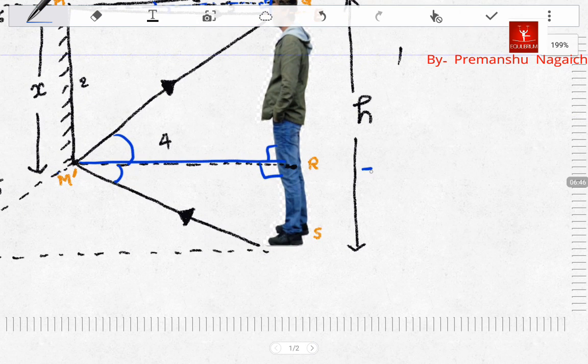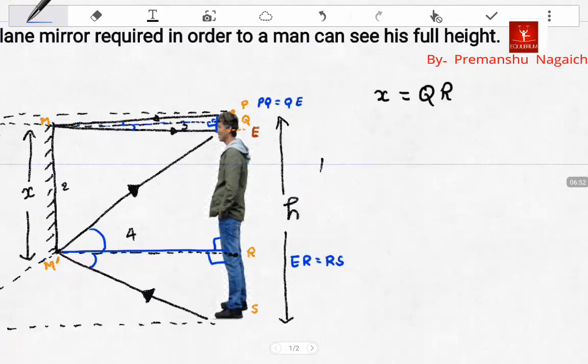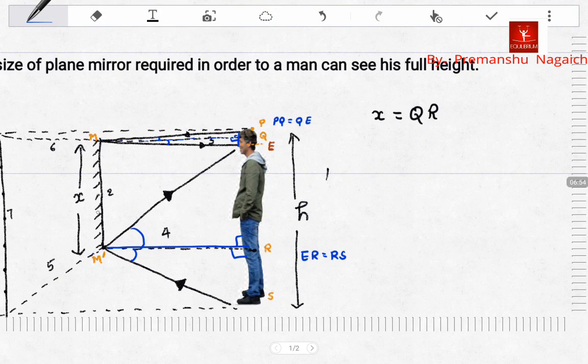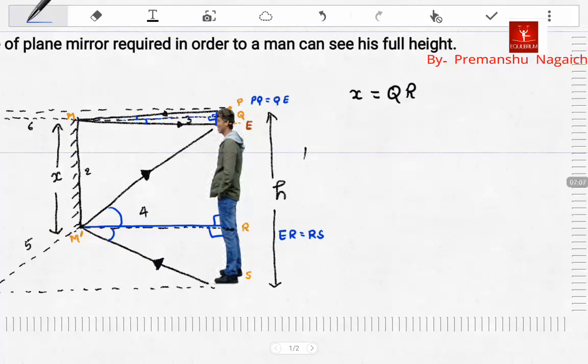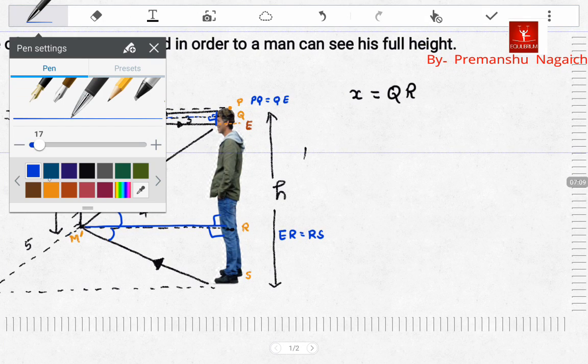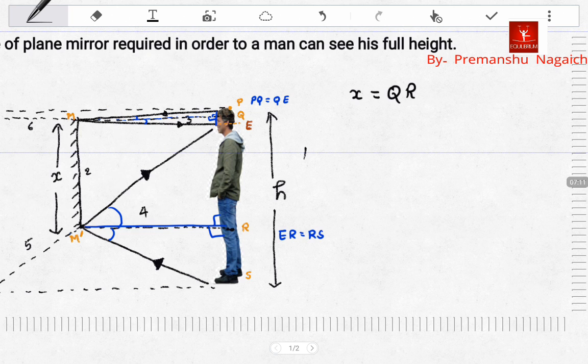What we are trying to do is find out the size of this mirror. So we need to find the size of x, which is equal to QR from this figure, as we clearly see.